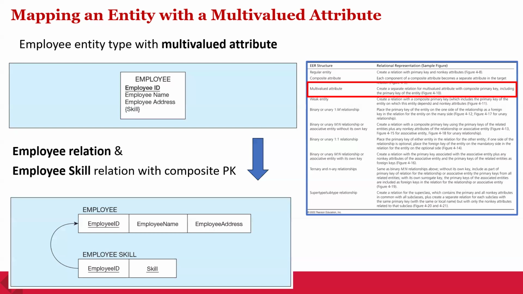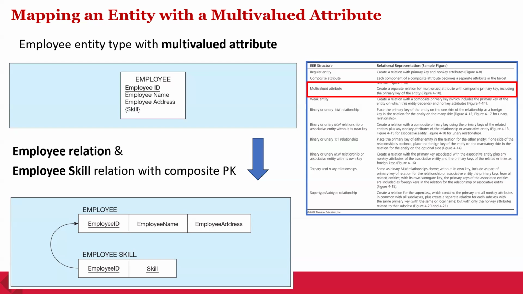We also have employee name and employee address. And for employee skills, we have a separate relation with composite primary key. So in this case, employee ID and skill both will be primary keys. And employee ID at the same time is also going to be a foreign key to an employee relation.